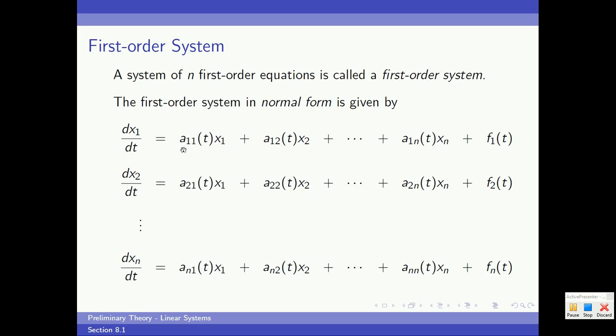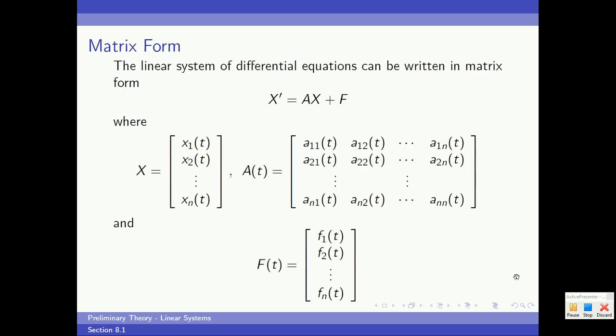So basically you have something times x1 plus something times x2 all the way to something times xn. So we put these a's into a matrix, we put the x's into a vector, and we put the f's into a vector. So here's our x's, here's all of our coefficients, and here's our f as a vector.